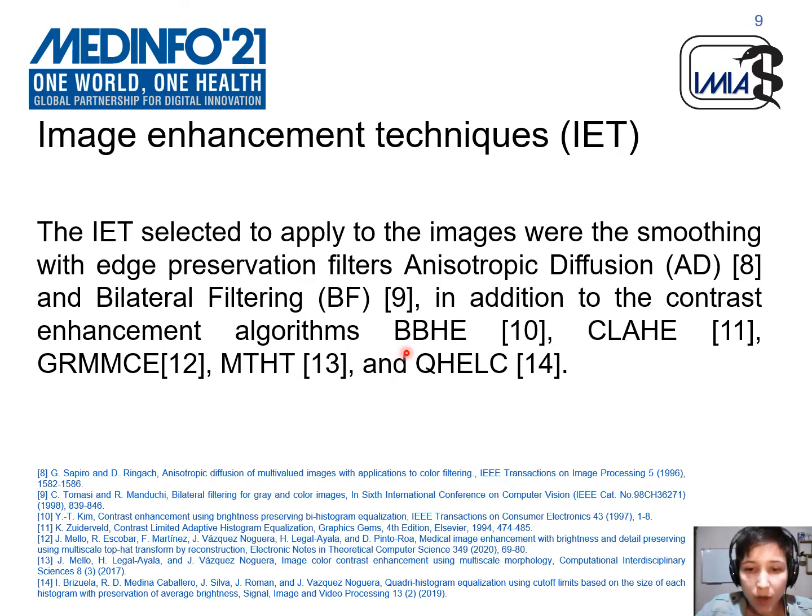The brightness preserving bi-histogram equalization, the contrast limited adaptive histogram equalization, the geodesic reconstruction, multi-scale morphological contrast enhancement, the multi-scale top hat transform, and the quadri-histogram equalization with limited contrast.